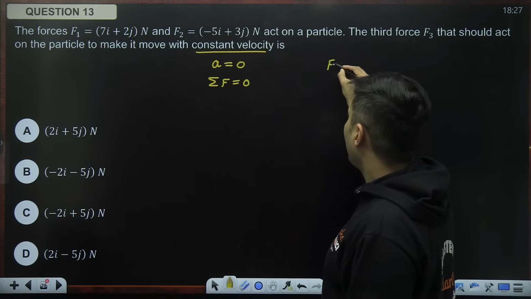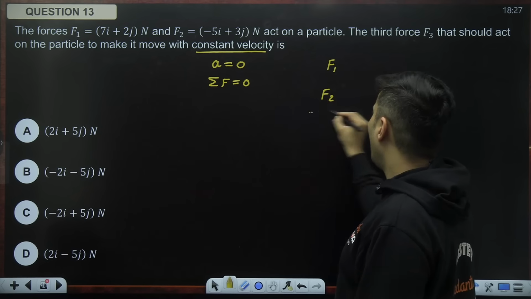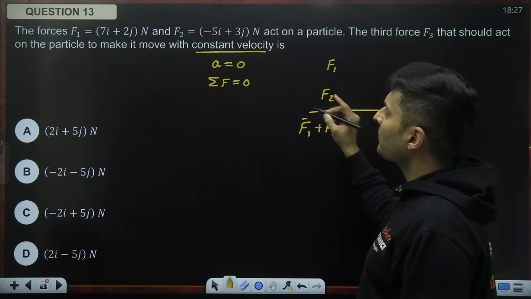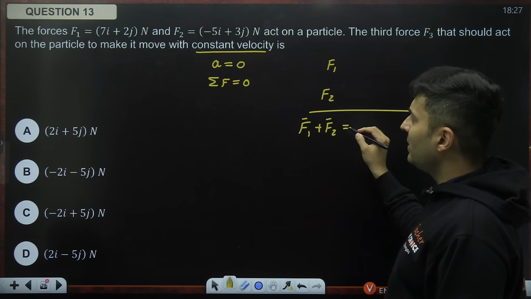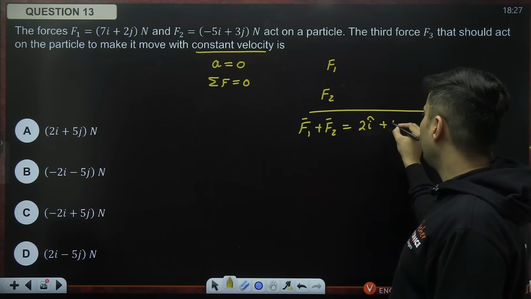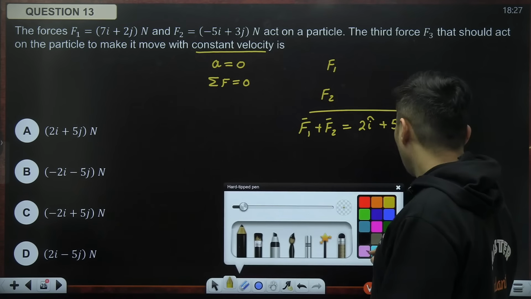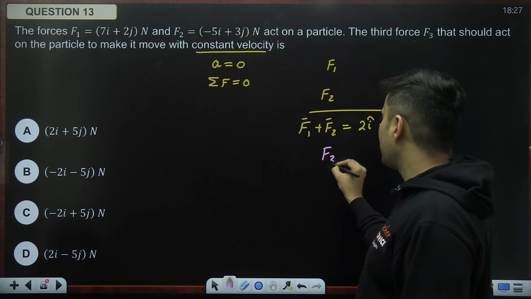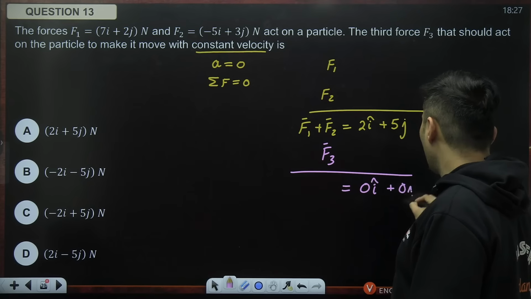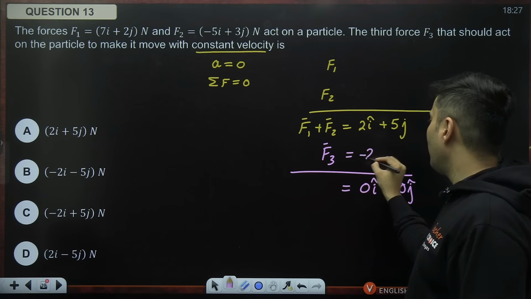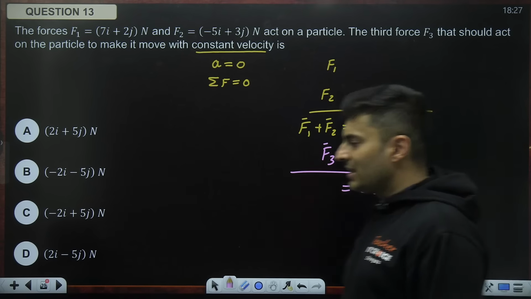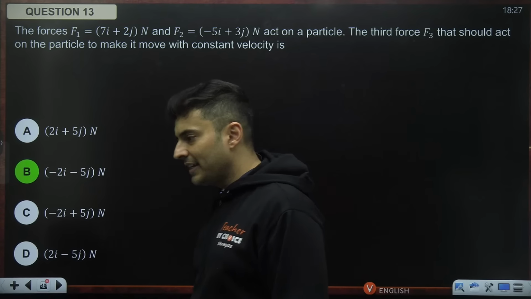So if you add F1 and F2, how much is it coming out to be? 7i and -5i will give you 2i. 2j plus 3j will become 5j. Now think what must be added to this so that the resultant will be 0i and 0j. It is obvious F3 will be -2i -5j. That is obviously option B, which is absolutely correct.